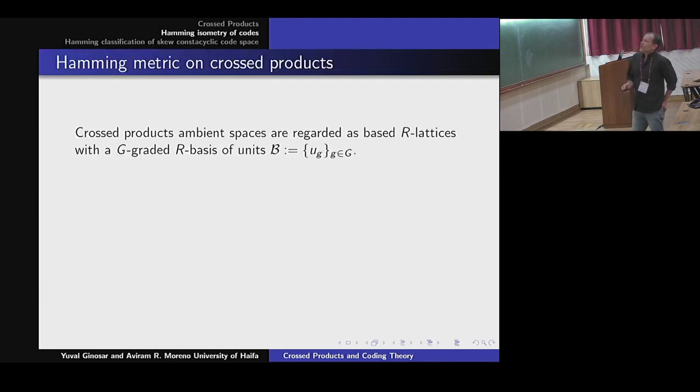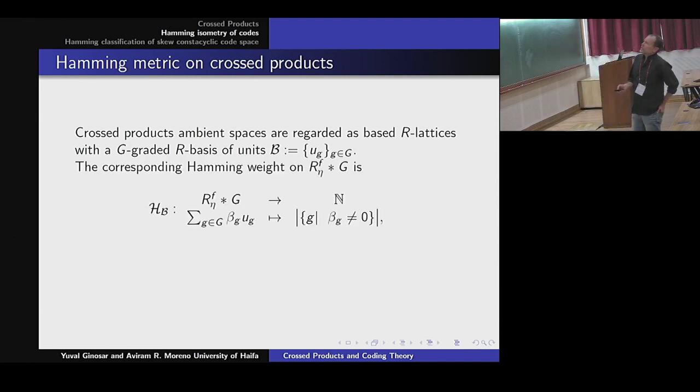Okay, what is special in cross products? Cross product ambient spaces are regarded as based R-lattices implicitly, with G-graded bases of units u_g, g in G. You just pick any R-basis of units, your favorite one.